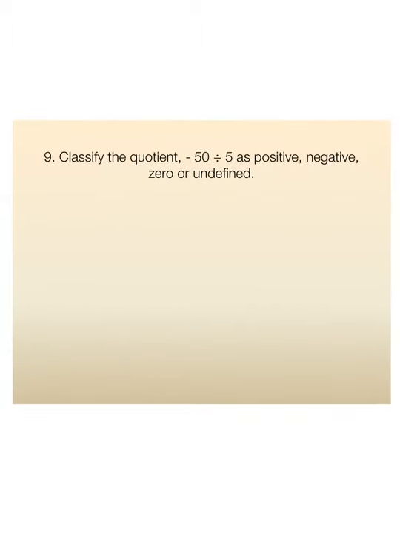For 9, it says classify the quotient. Okay, this one we are going to negative 50 divided by 5. So all you're doing is just, is this going to be positive, negative, 0, or undefined? Well, we know that we don't have a 0 here, therefore the answer in no way will be 0.